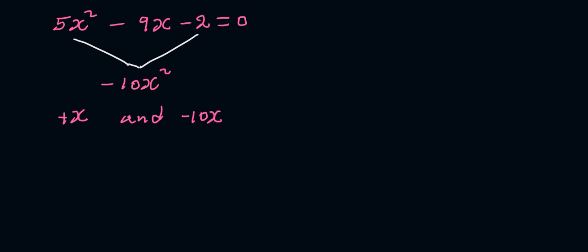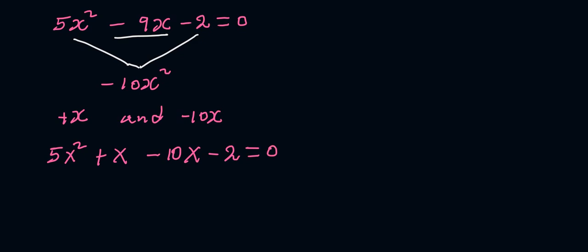So right now, we are going to replace negative 9x by these two values. So now, automatically the equation becomes 5x squared plus x negative 10x negative 2 equal 0.